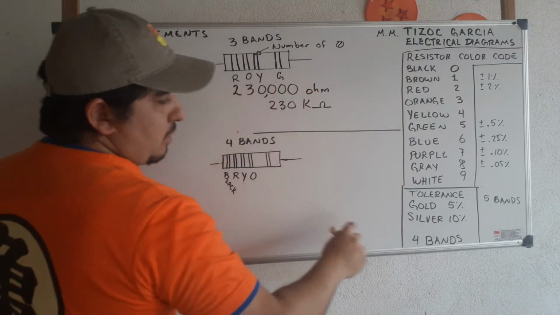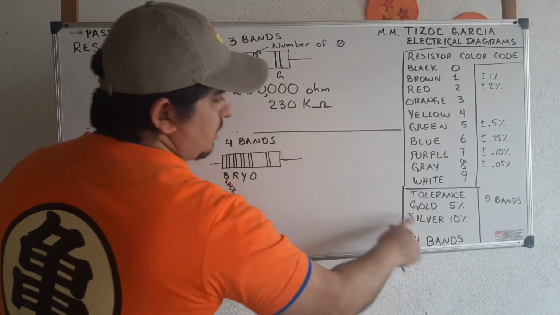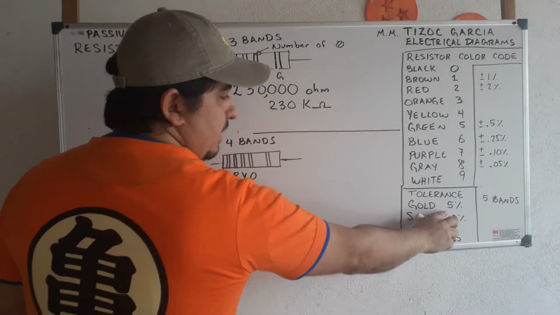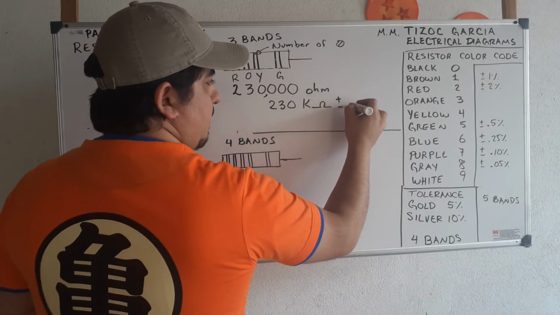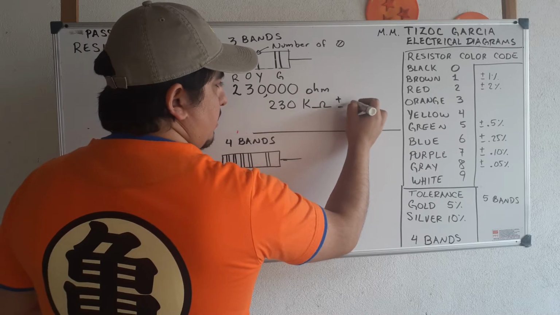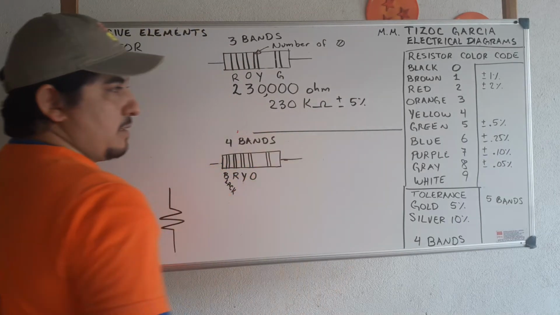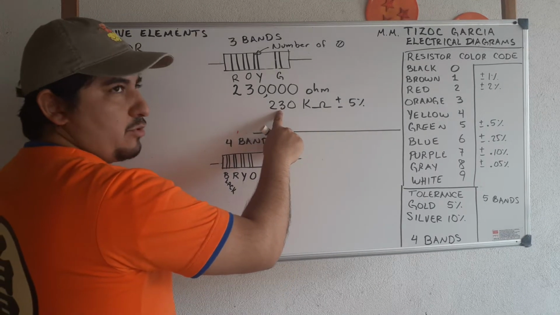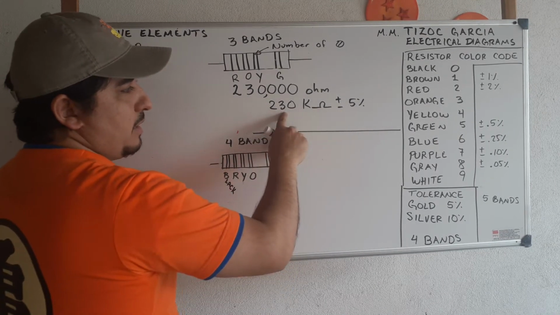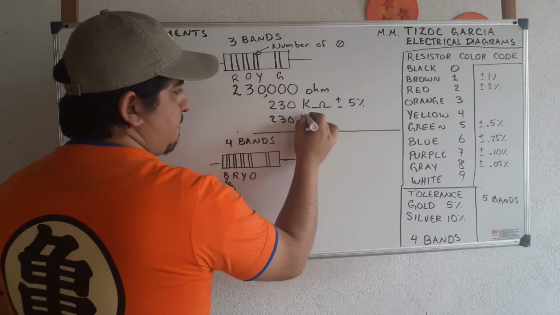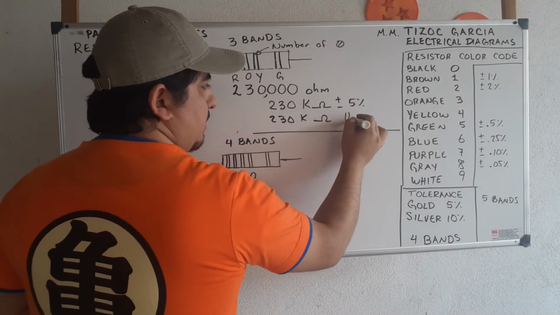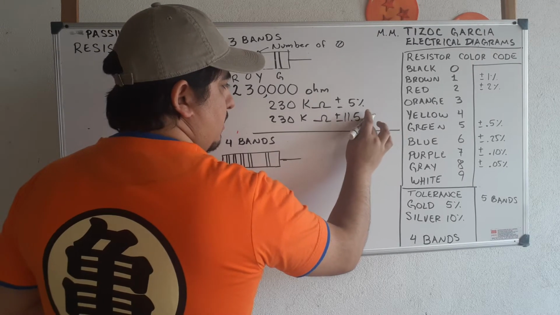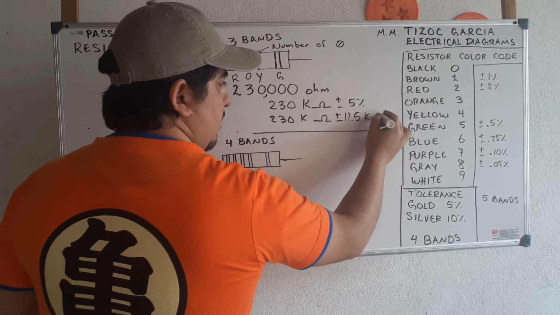And the G is for gold, because we are in this case with a resistor. It means that this resistance has a tolerance of 5%. 10% of this is 23, so 5% is 11.5 kilo ohms.